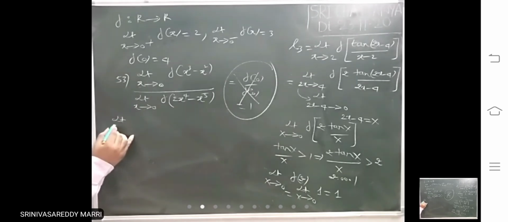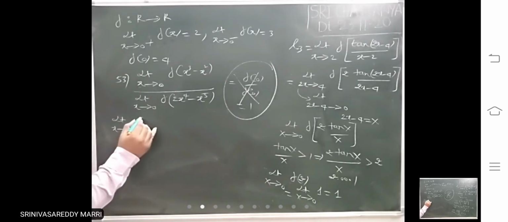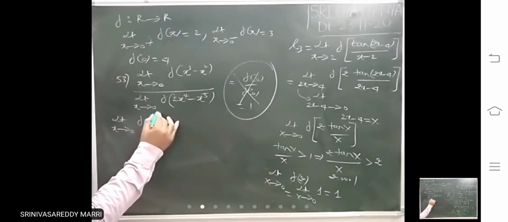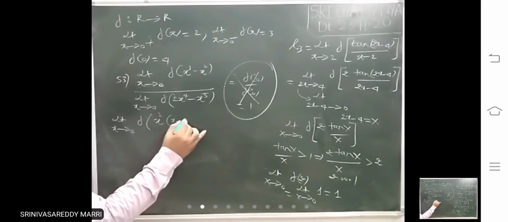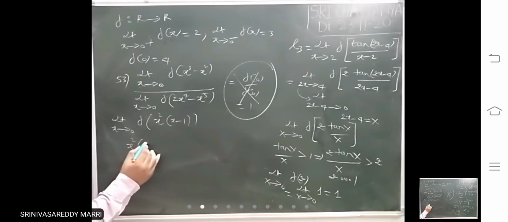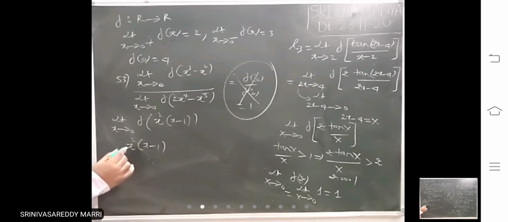First we will evaluate the above limit. In f of this, x square you take common, x minus 1. Now look at this value, how it will be. x tends to 0 means x square into x minus 1. When x is just greater than 0, let us say 0.0001, this is positive. 0.0001 minus 1 is negative.